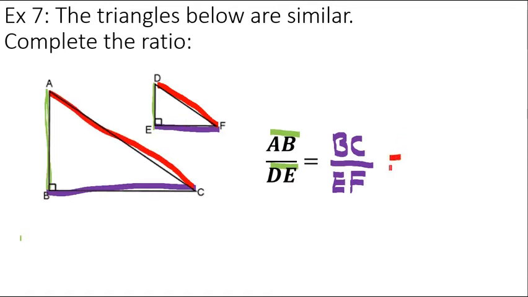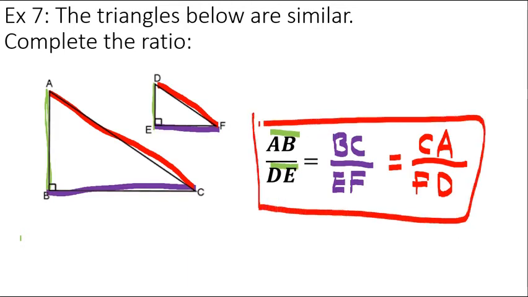So I put equals, then I put the bigger triangle on top, so it's going to be CA, and then FD. Okay, and that's essentially what you need here. So this is our answer right there.